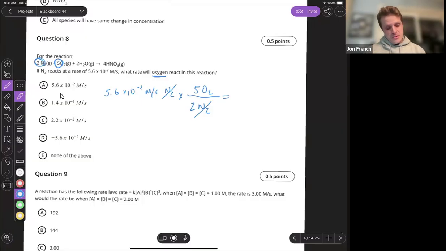So I'm going to guess, without doing any calculation, that it's B, because B is the only one that's faster. But just to make sure, 0.056 times 5 over 2, yeah, I get a rate of 1.4 molar per second, 0.14 molar per second for oxygen in this reaction.